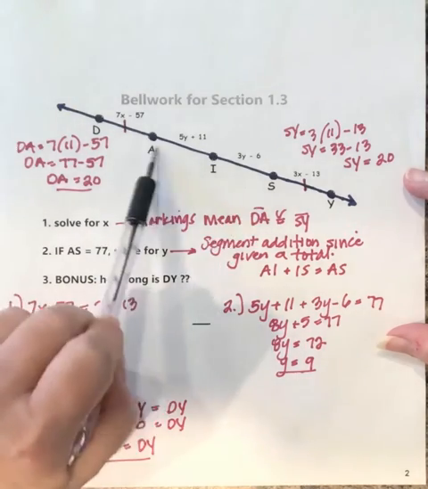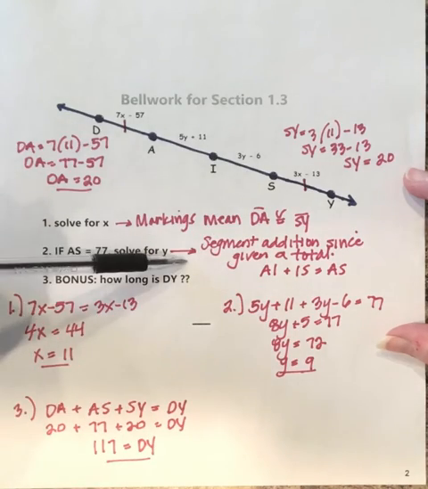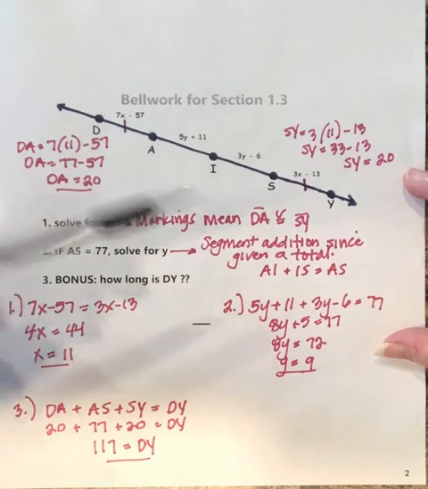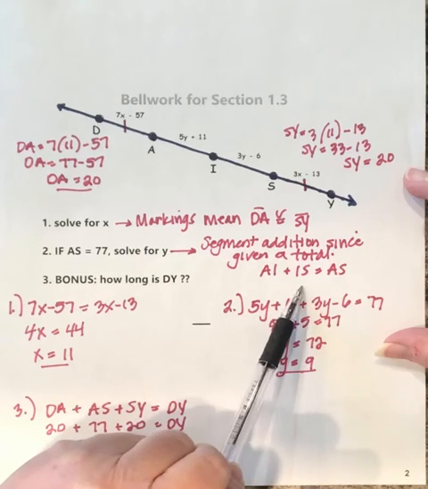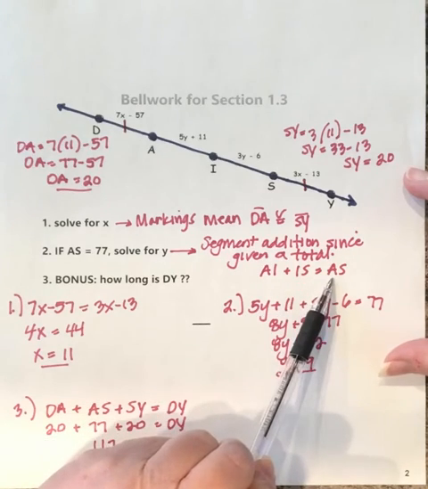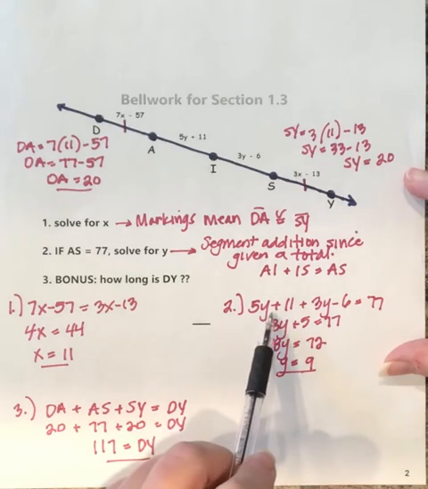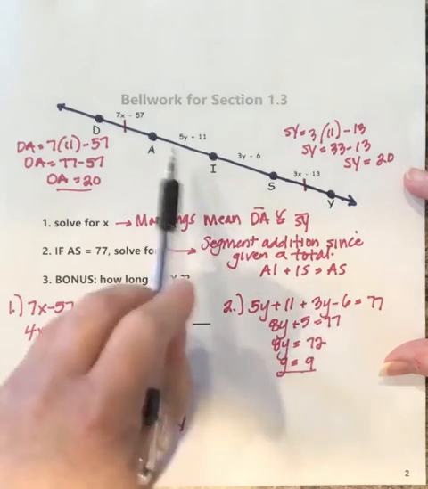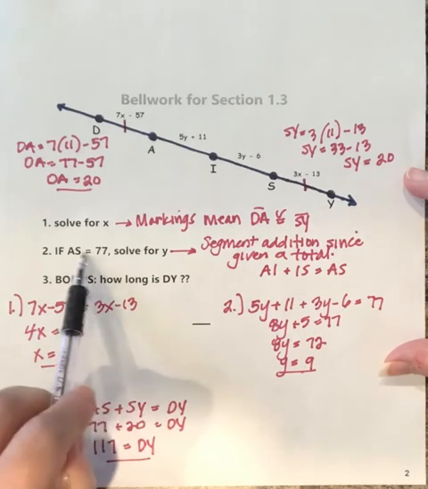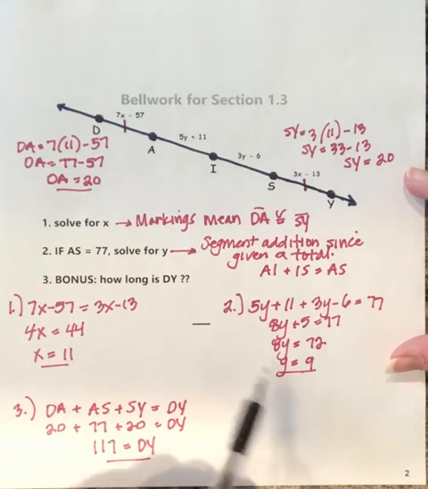But since I have a total, I can use the segment addition postulate because I know that AI plus IS is going to equal AS. So again, I just substituted everything I have. The expressions that I had labeled on the figure equal the total that I was given. Work through it and I get y equals 9.